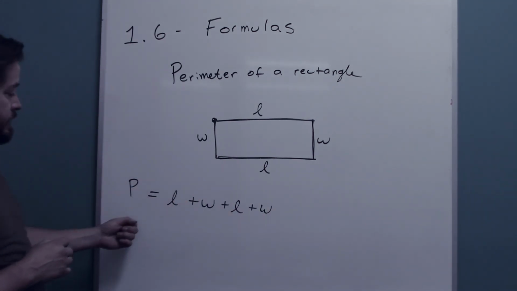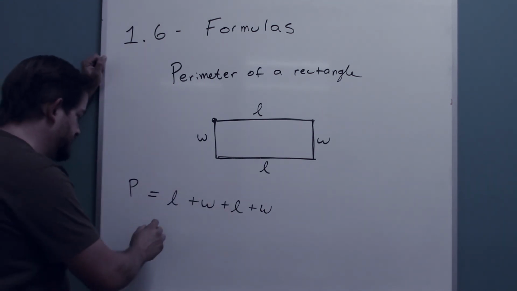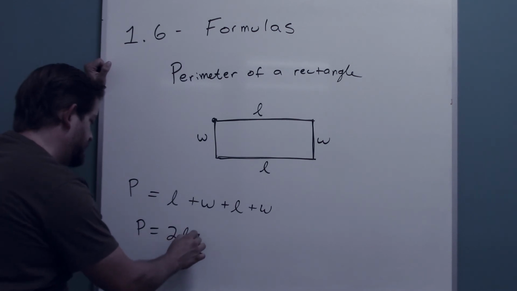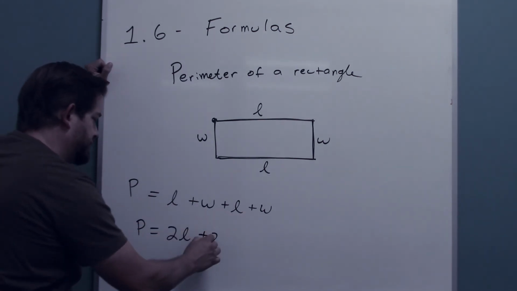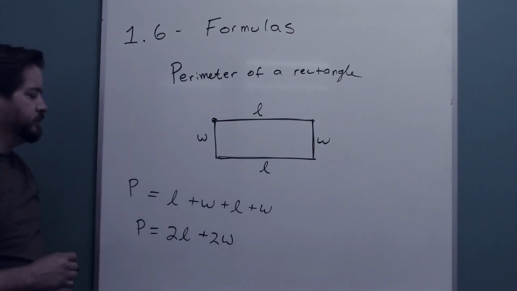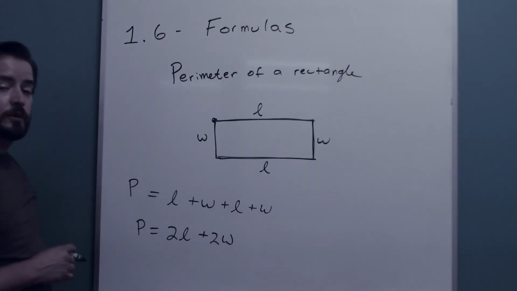We can simplify this because there's an L and an L, so I can say that my perimeter is two L's, and there's two W's, so I'll simplify it, 2L plus 2W.